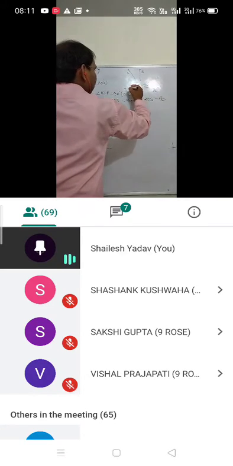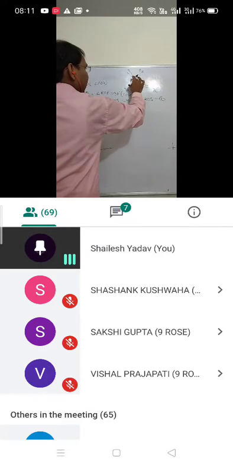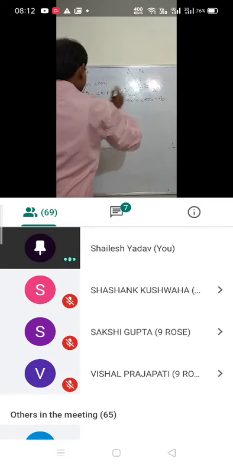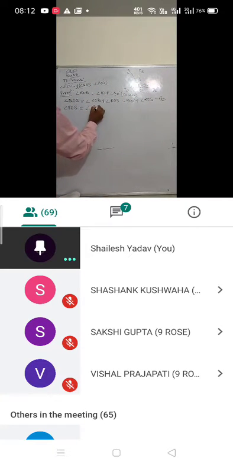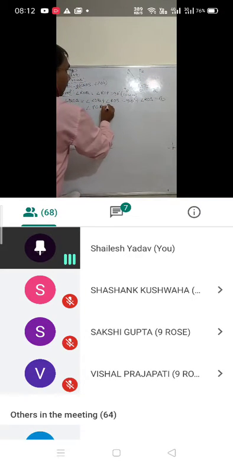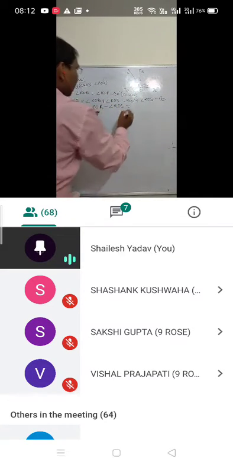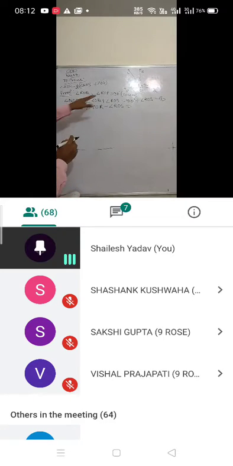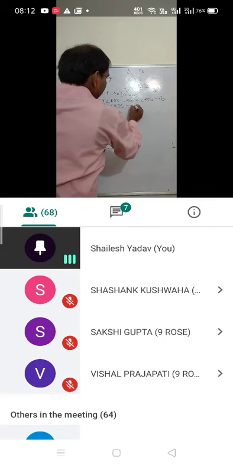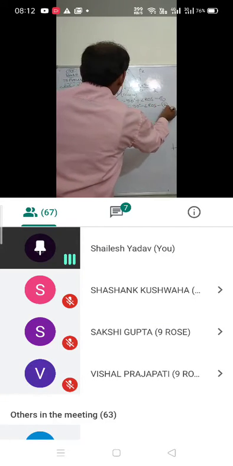If you subtract angle SOR from angle POR, you will get angle POS. So angle POS equals angle POR minus angle ROS, and angle ROP is 90 degrees, so it is 90 degrees minus angle ROS. That is equation 2.